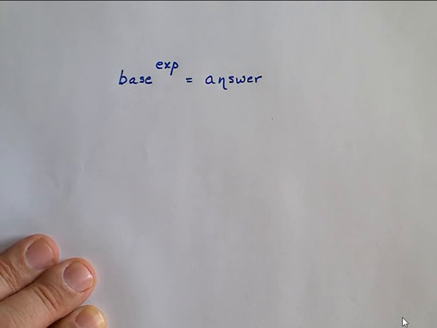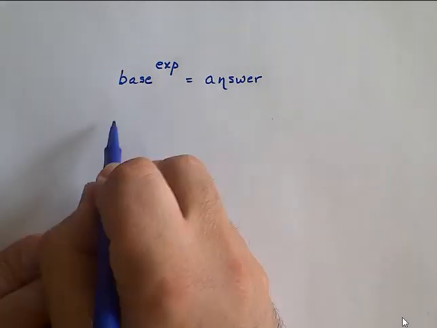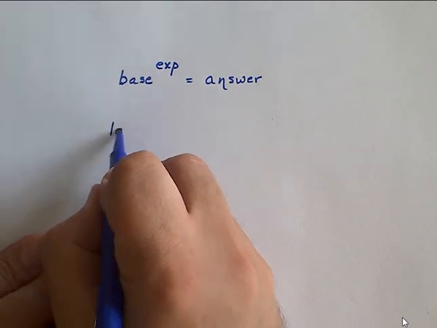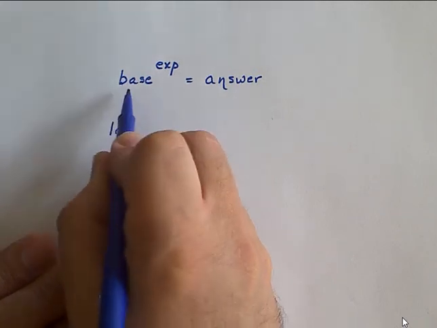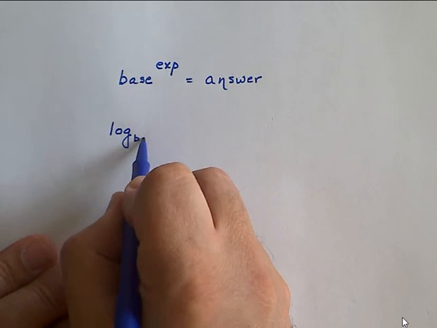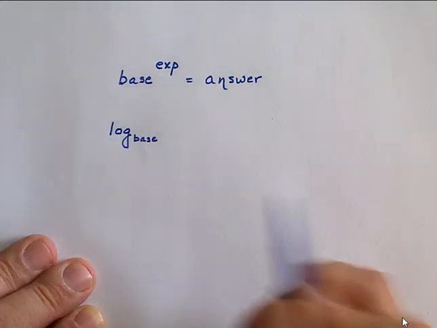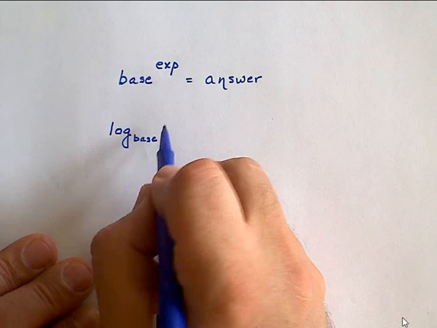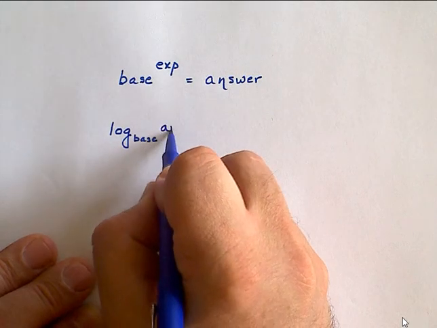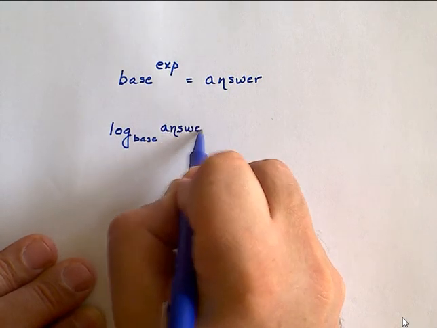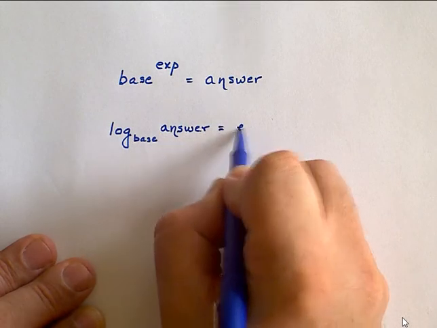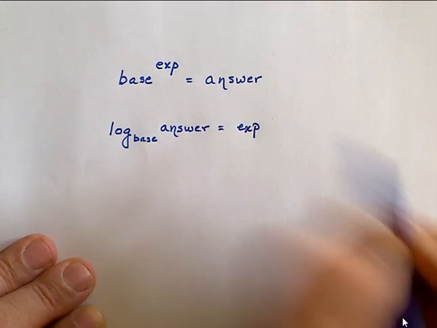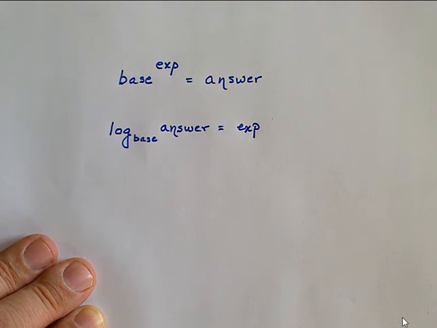Well, it can be done very simply by just transposing these three things. First of all, we introduce the word log. The base here becomes a little base as a subscript. The answer is moved over to this side. And then the exponent moves over here by itself. Okay, so that's all it takes.